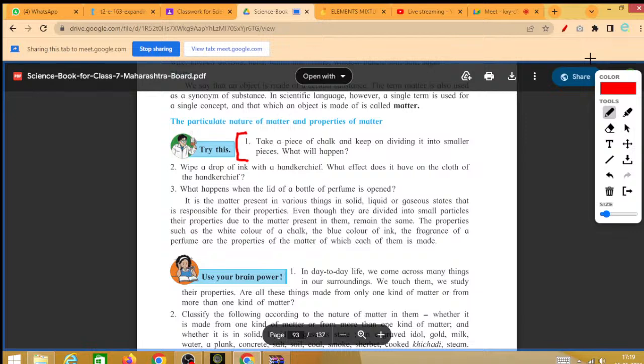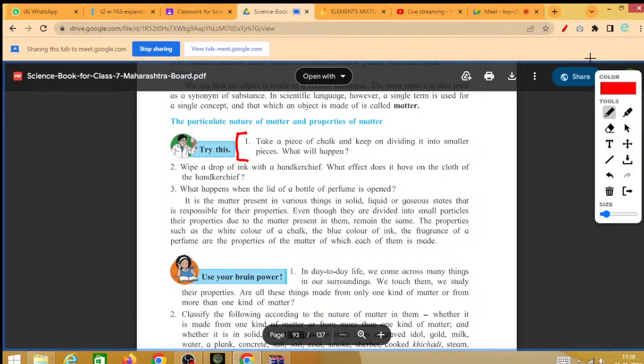Okay. Yukti, read the second question. Wipe a drop of ink with the handkerchief. What effect does it have on the cloth of the handkerchief?